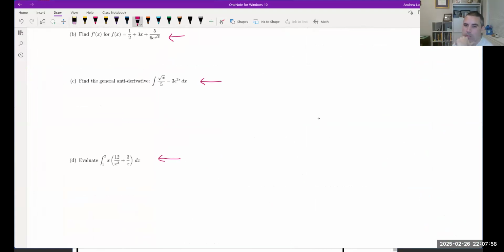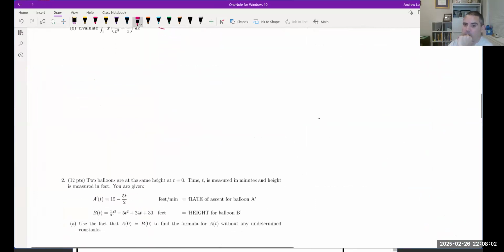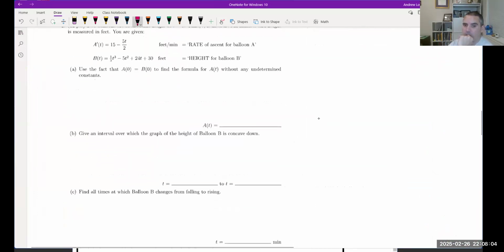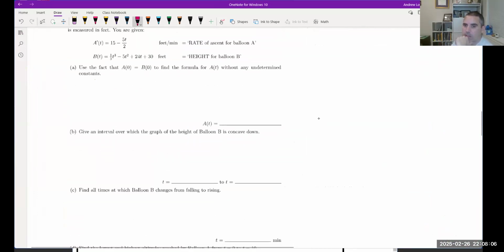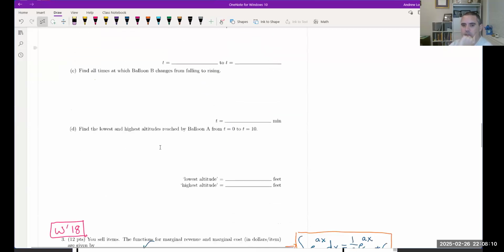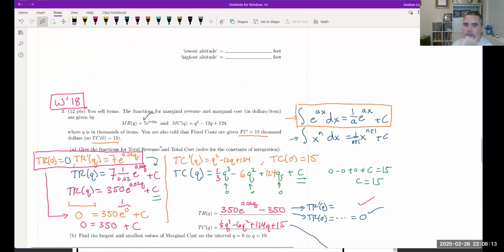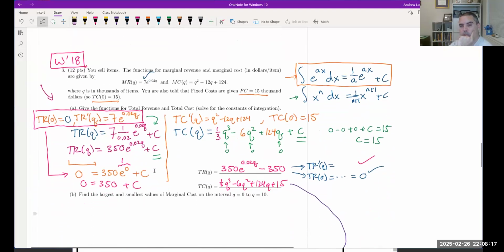So we know our page 1 of our exam will be similar. We know we'll have something about concavity on page 2, something about finding plus C on page 3.